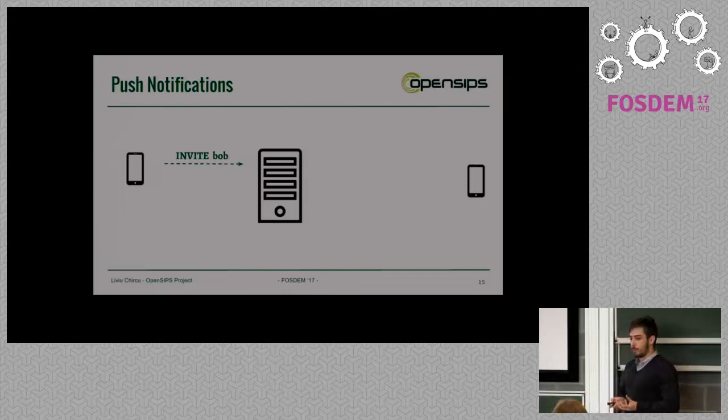When a call is received, if a user is not found, a mobile device user, we can send a push notification to get it to register and ultimately receive the call. The main usefulness of this is to save battery on these mobile devices, because you cannot have them constantly registering to the platform, as they would be drained pretty fast. So SIP is quite expensive from this point of view.